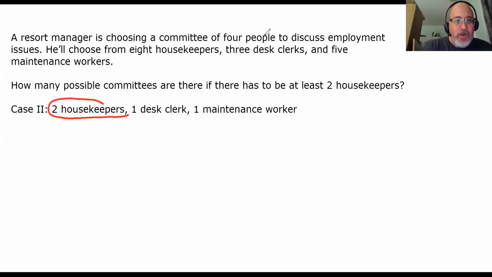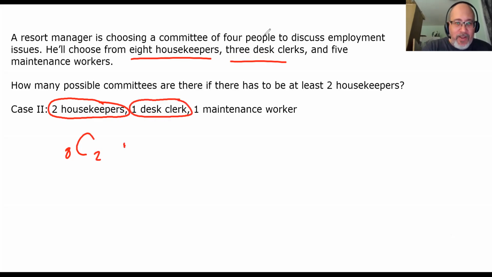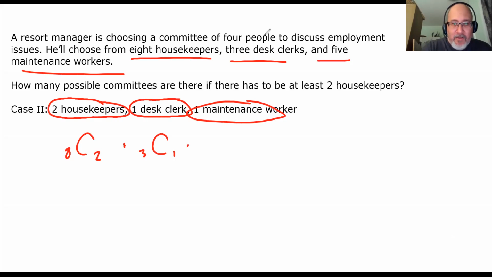If he's choosing 2 housekeepers out of 8, then that would be 8C2. If he's choosing 1 desk clerk out of 3, that would be 3C1. And if he's choosing 1 maintenance worker out of 5, that would be 5C1. Let's see what these set up to be.